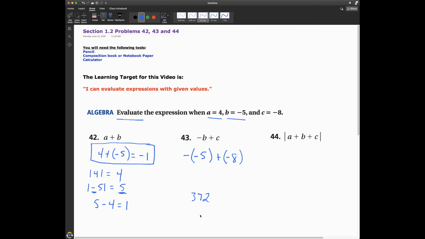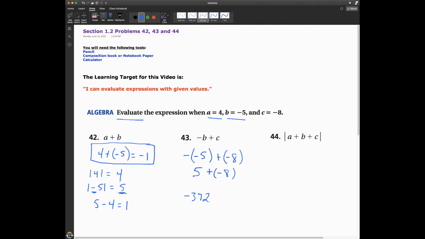That's a positive number, right? And if I put the negative sign in front of it, now I'm looking at its opposite. So if I look at -5 and I put a negative in front of it, I should be looking at its opposite. What's the opposite of -5? +5.